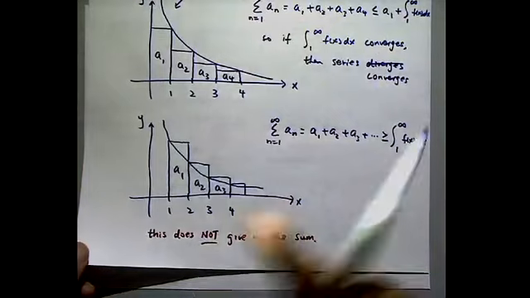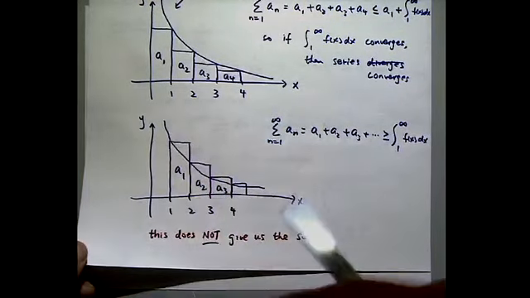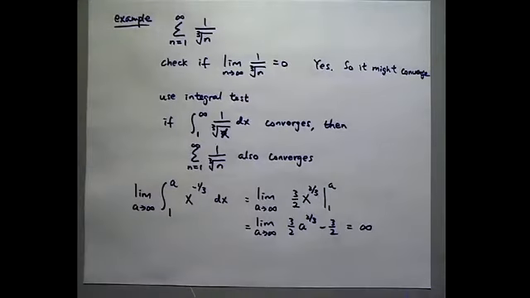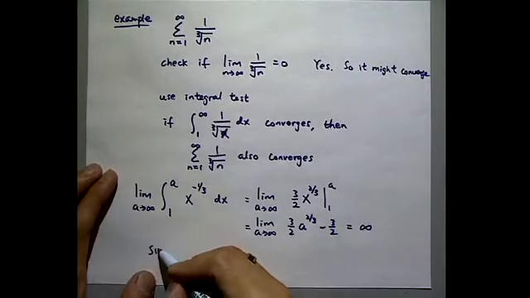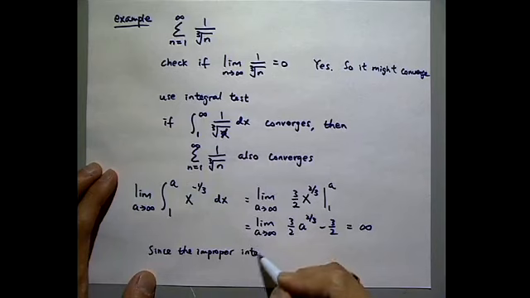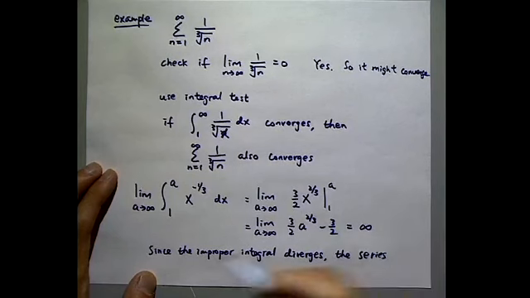So now I'm going to choose to represent my series this way and say that these are poking out, and therefore the sum of my terms in the series must also be divergent. Since the improper integral diverges, the series diverges too.